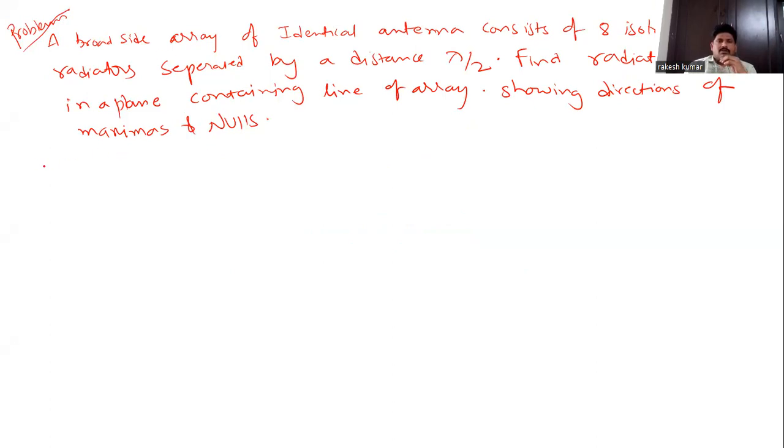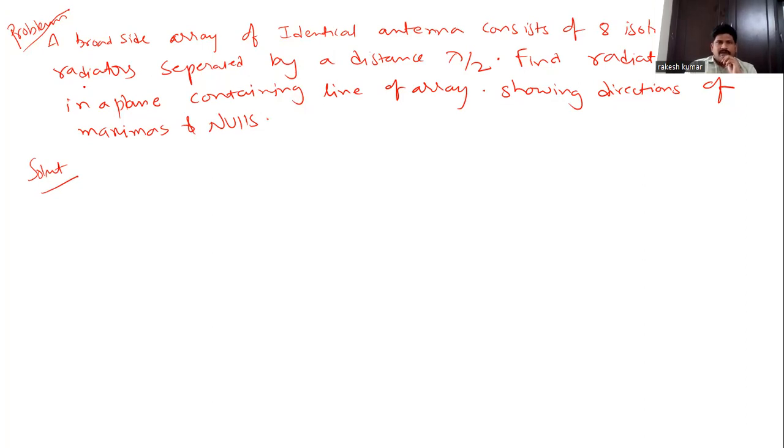So, totally how many elements are there in this problem? Let us first read the problem. A broadside array of identical antennas consisting of 8 isotropic radiators separated by a distance lambda by 2.